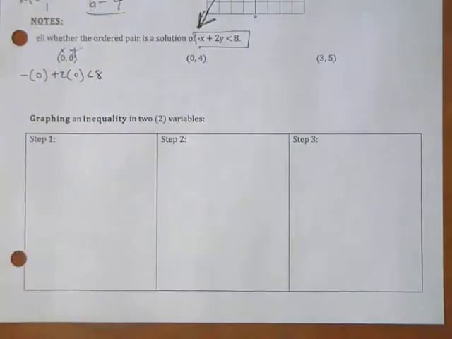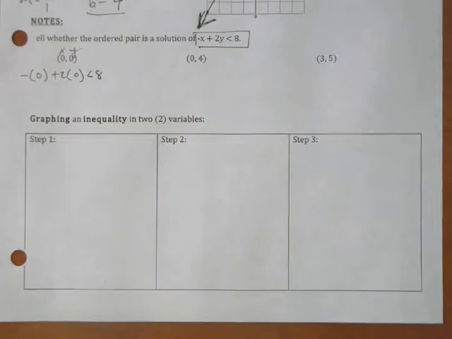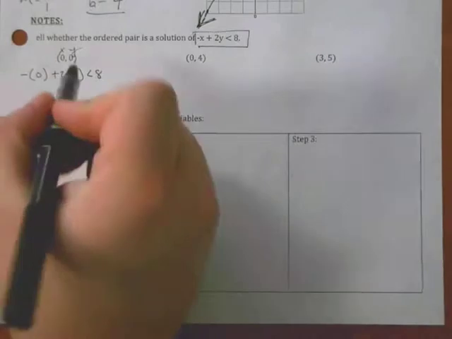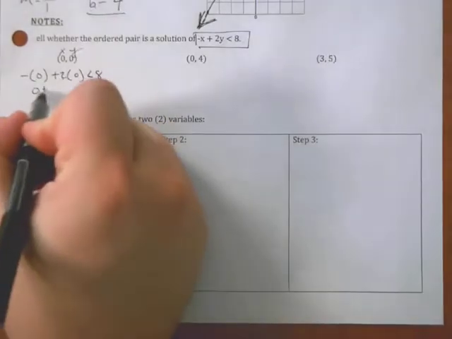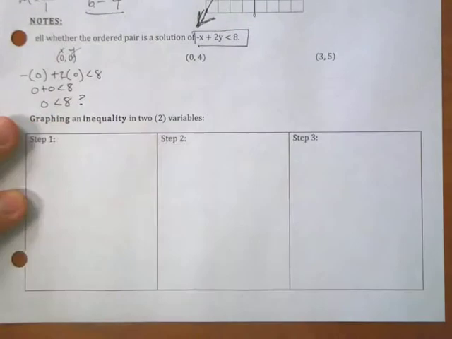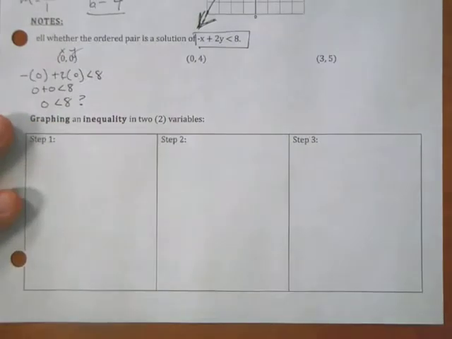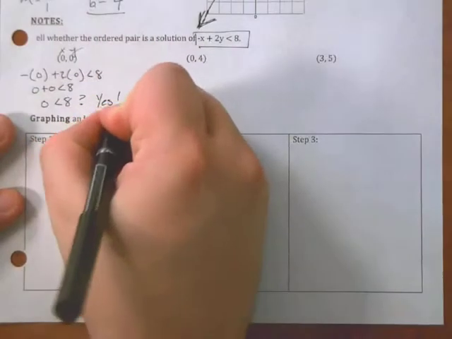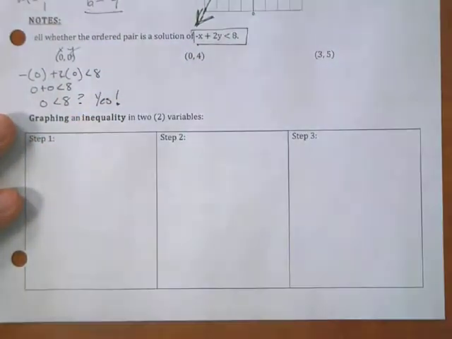If I plug in 0 for x and 0 for y and simplify, we end up getting what? Negative 0 is just 0. Anything times 0 is 0. So you have to ask yourself, is 0 less than 8? Yes, it is a solution.